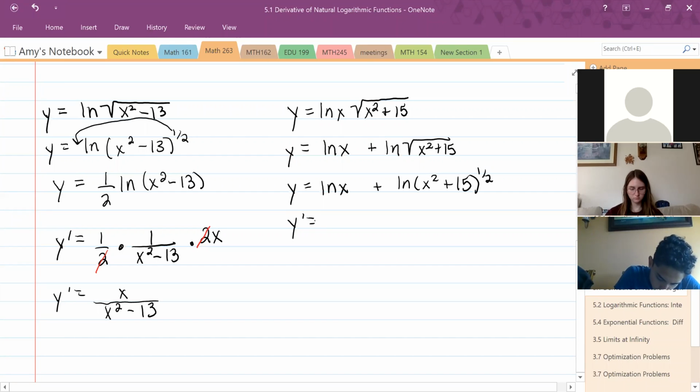So the derivative of ln of x is 1 over x plus, I'm going to bring that 1/2 down in front, times the ln of x squared plus 15, so that's going to be 1 over x squared plus 15 times the derivative of x squared plus 15, which is 2x.